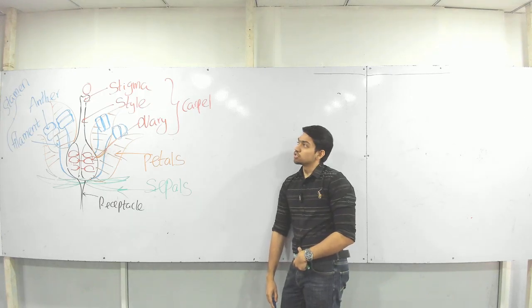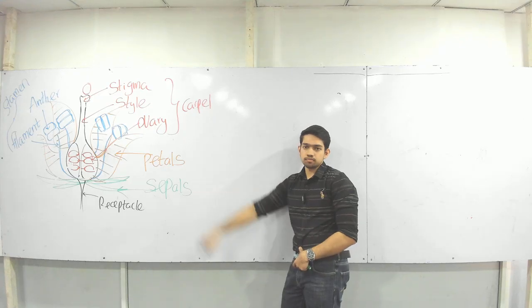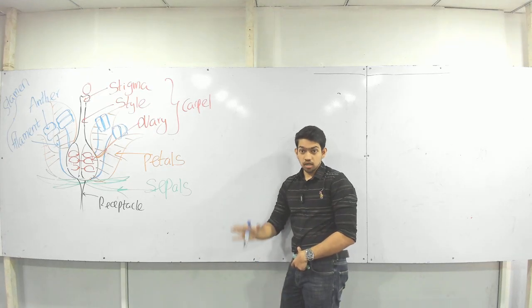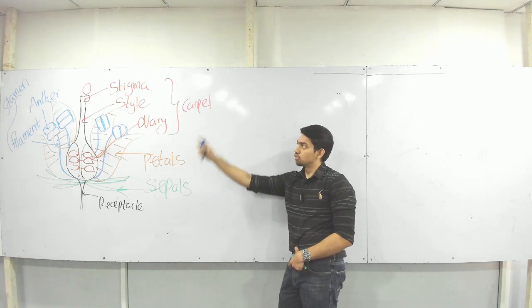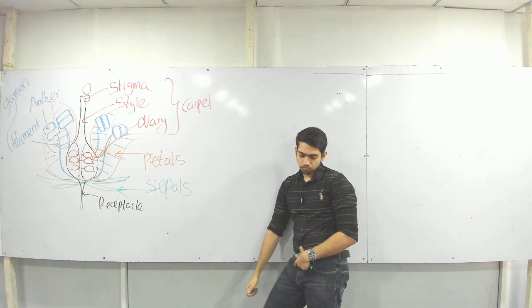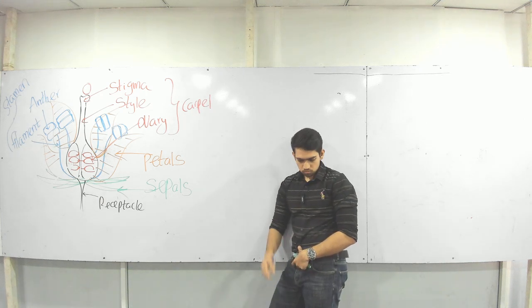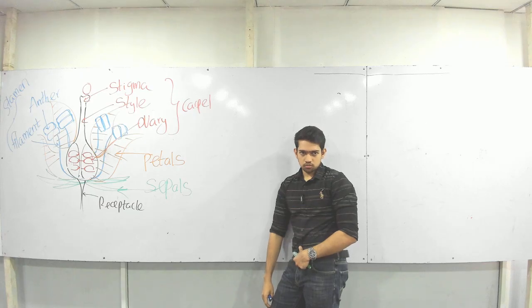Gynoecium is a name for carpel. Androecium is a name for stamen. Yes, same thing. Androgens are male hormones, male related. Androecium or the stamen. Okay.